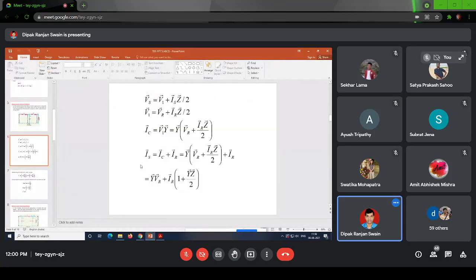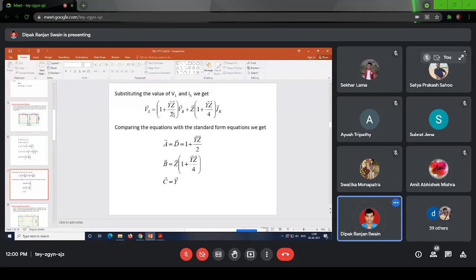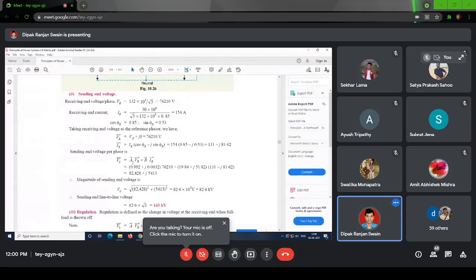Using this equation, IS equals CVR plus DIR, and you already know the values of C and D. Similarly, VS equals AVR plus BIR. Once you have these values, directly you can put them in. You don't need to again use the phasor diagram method or the calculation method. So directly put the values of A, B, C and D, and you will generate IS and VS.